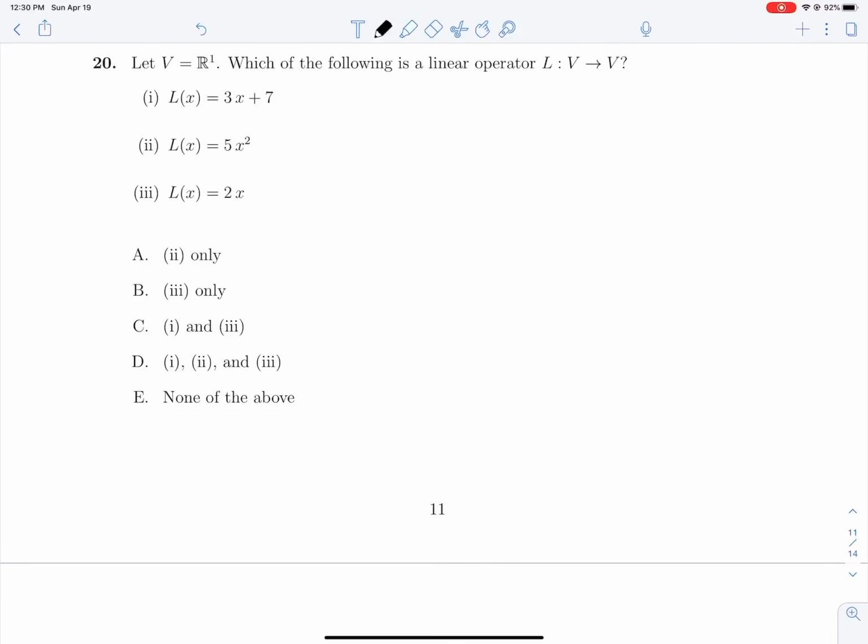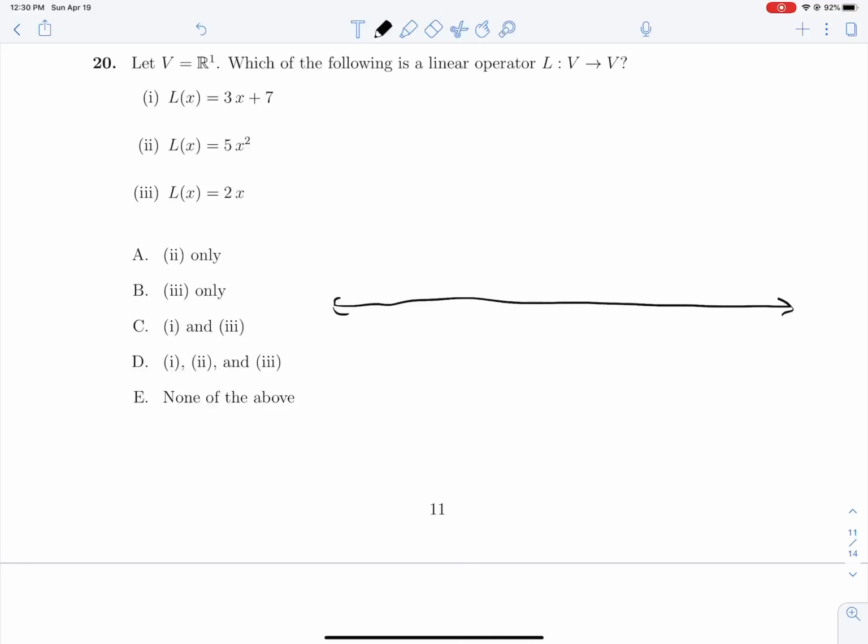20, let V equal R1. So the number line, we can just think of the number line from negative infinity to infinity. Which of the following is a linear operator that acts on V and just goes right back to V, but after some kind of linear transformation?